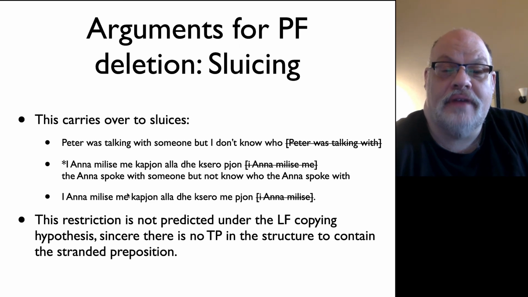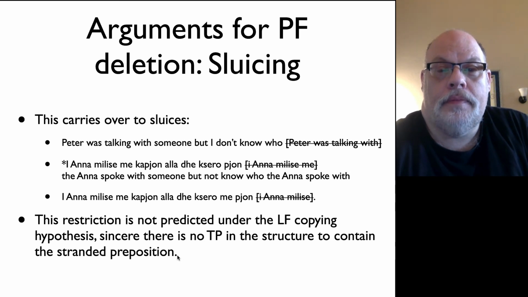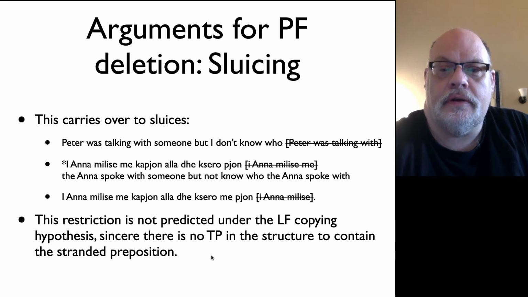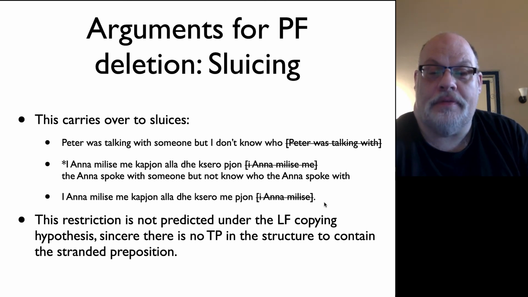The second thing it predicts is that you would effectively have a second preposition because you would be copying this TP downstairs, but you already have a preposition in the pied pipe structure. So this restriction that holds in Greek is not predicted under the LF copying hypothesis, because effectively there's no TP in the structure to contain the stranded preposition, right? This is a null element in the LF copying approach.